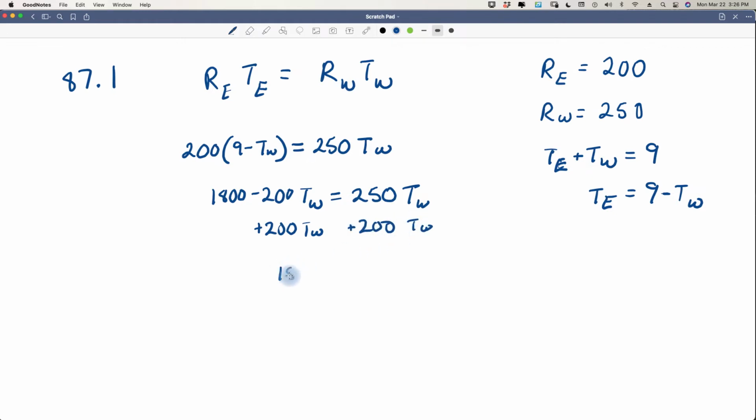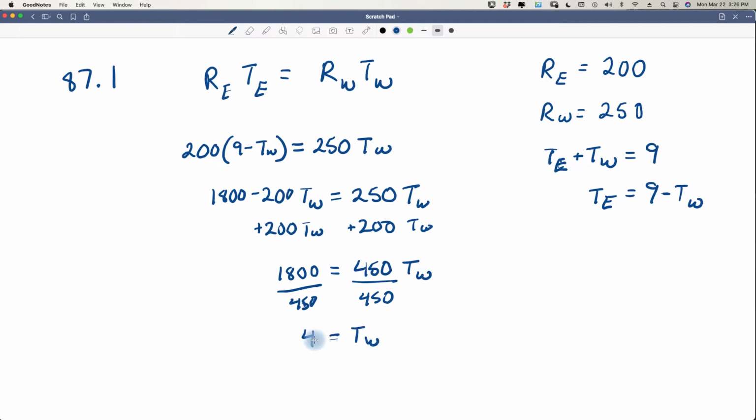That leaves us 1800 equals 450 times TW. We divide both sides by 450. And that gives us 4 is the value for TW.